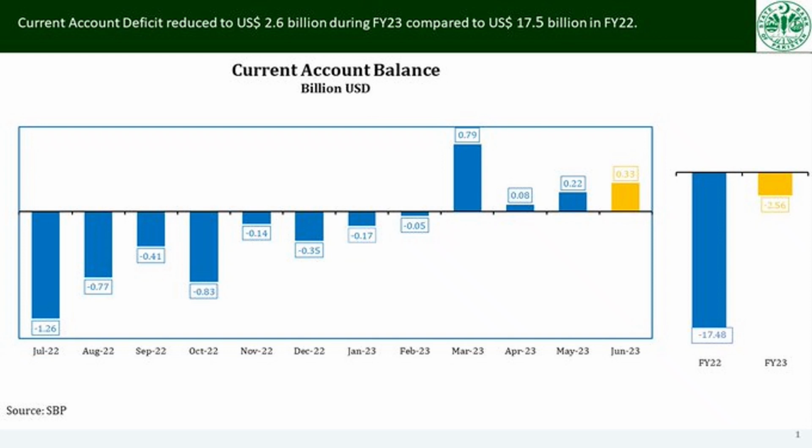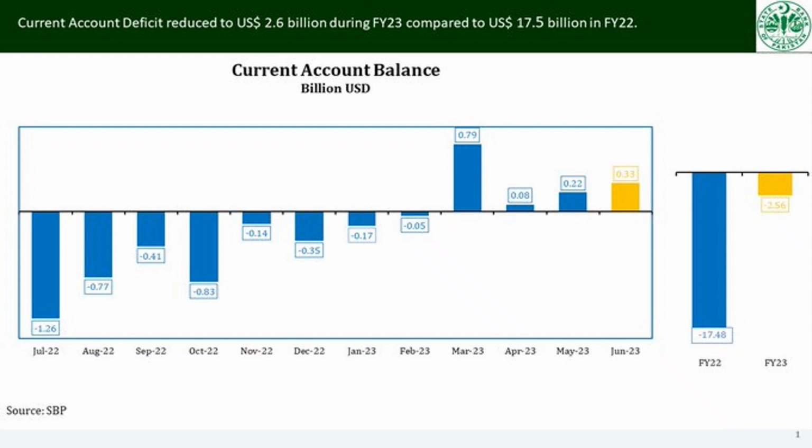Then in April 23, we got a surplus of $0.08 billion. Then in May, $0.22 billion. And then in June 23, that was the last month of the fiscal year 23, we got a surplus of $0.33 billion. So if we compare fiscal year 2022 and fiscal year 2023, there's a huge difference in the current account deficit.